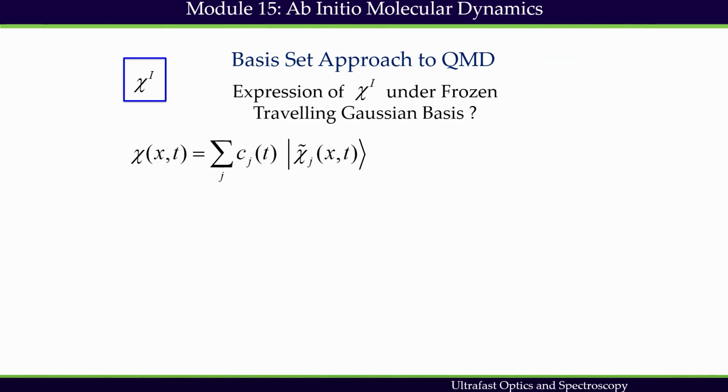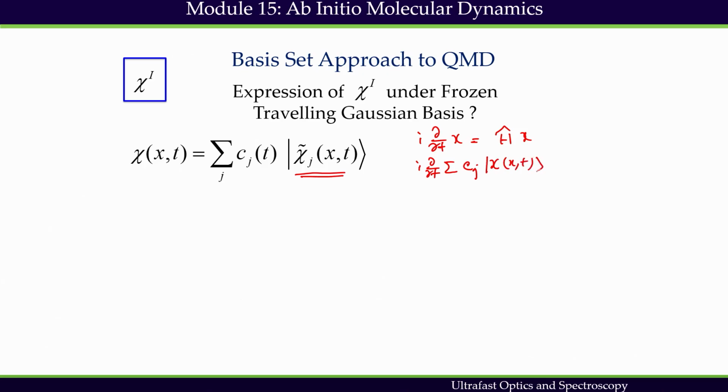Now we can consider a time-dependent basis, and if we do, again we have to plug that into the time-dependent Schrodinger equation, which is the partial derivative of chi equals H chi, and it is nothing but i times del/del t of the sum over j of c_j chi, which is now a function of x and t.